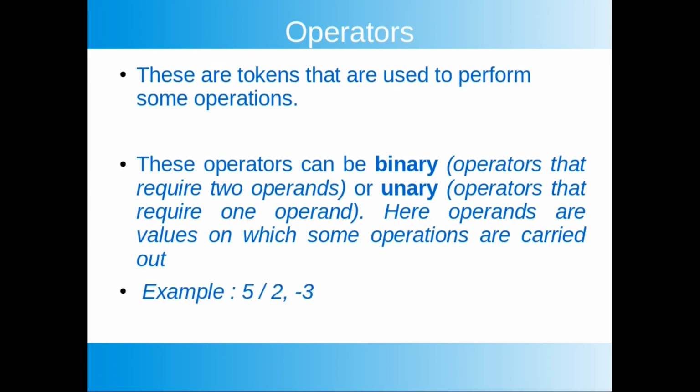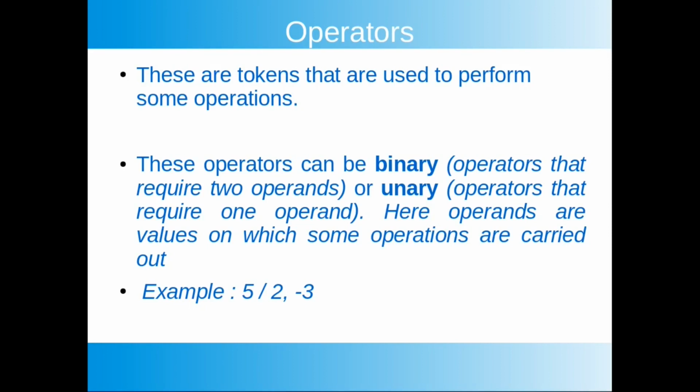The first example here is 5 / 2. Here 5 and 2 are operands, and the / is your division operator, which is a binary operator as it requires two values, one dividend and the other divisor, to perform the required operation.